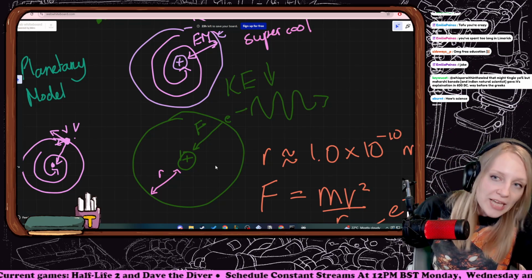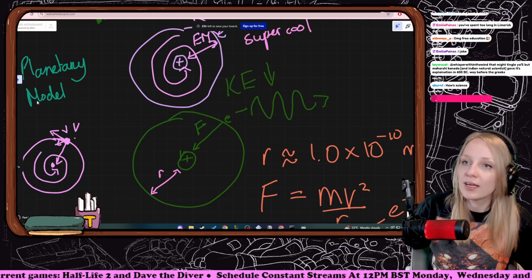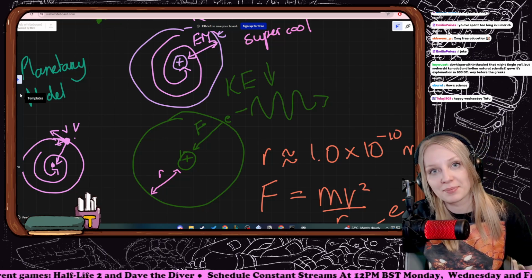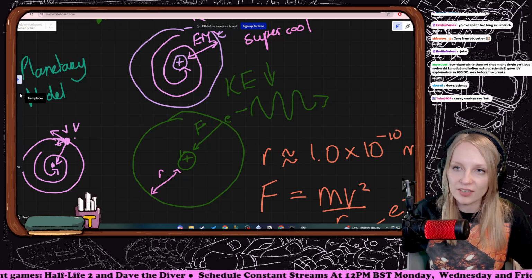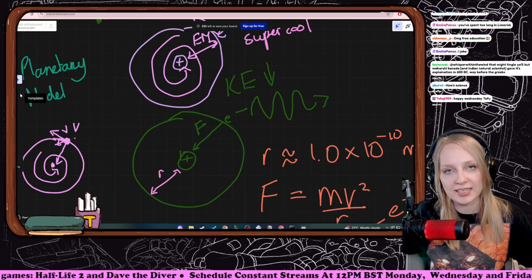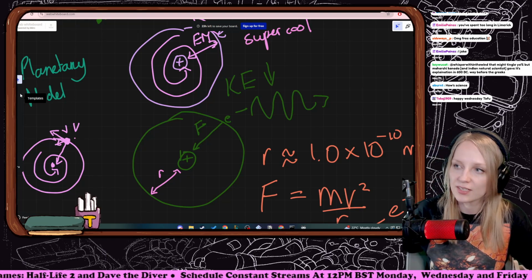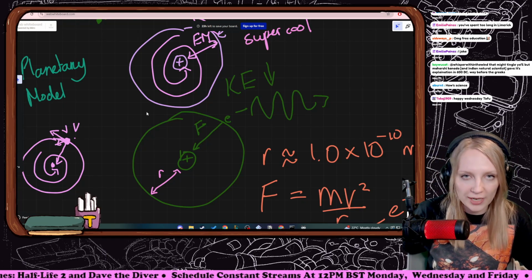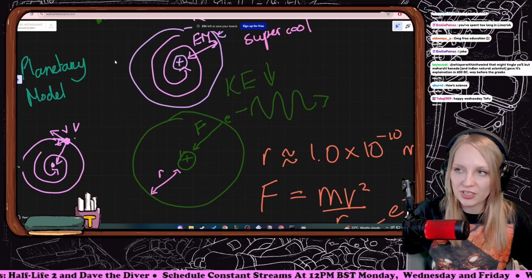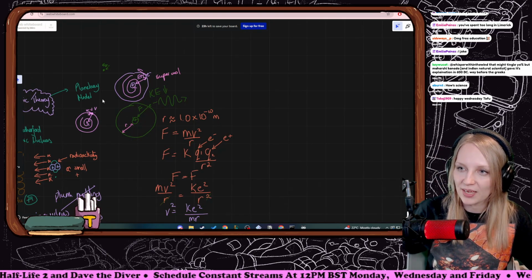This model could have worked because we know that some atoms do collapse. However, based on the calculations, it would have collapsed really quickly and life as we know it could not exist. So after a while, the planetary model was not accepted.